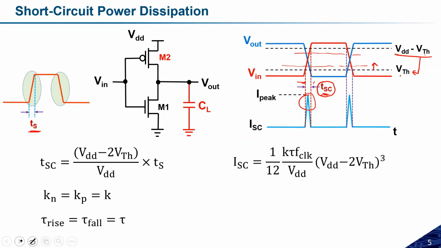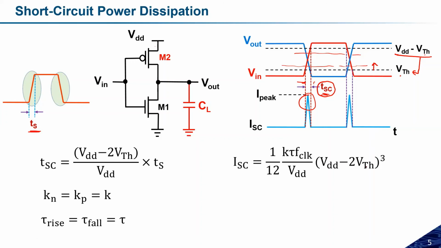In that case, the short circuit current can be calculated with this formula: K tau f clock divided by VDD minus 2 VTH whole power 3, 1 by 12. I'm not going into the derivation, just the direct expression, and with the help of this expression you can calculate this ISC.